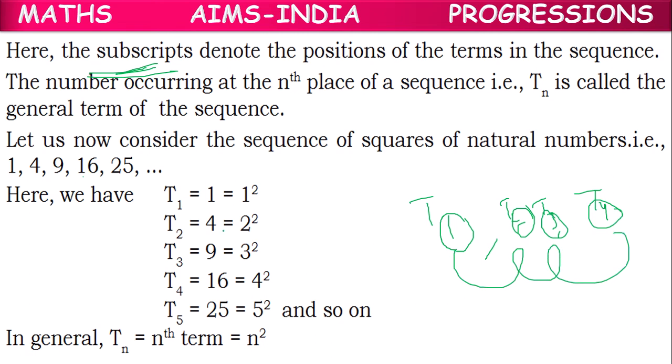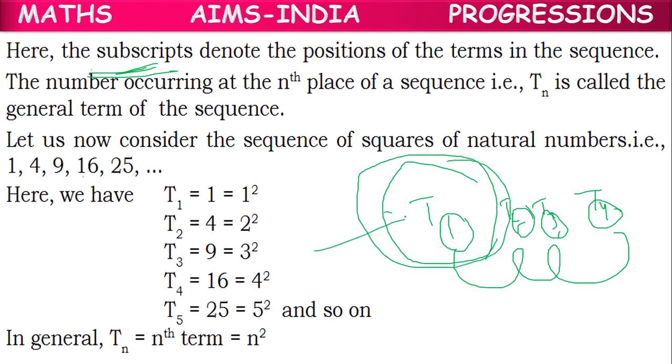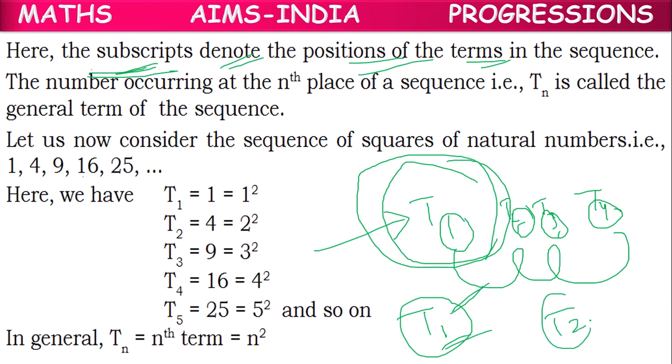The subscript present in the symbol of the term denotes the position of the term. If there is T1, we have to assume that it is the first term. If there is T2, it will be the second term. If there is T3, it is the third term. So this will denote the position of the terms in the sequence.